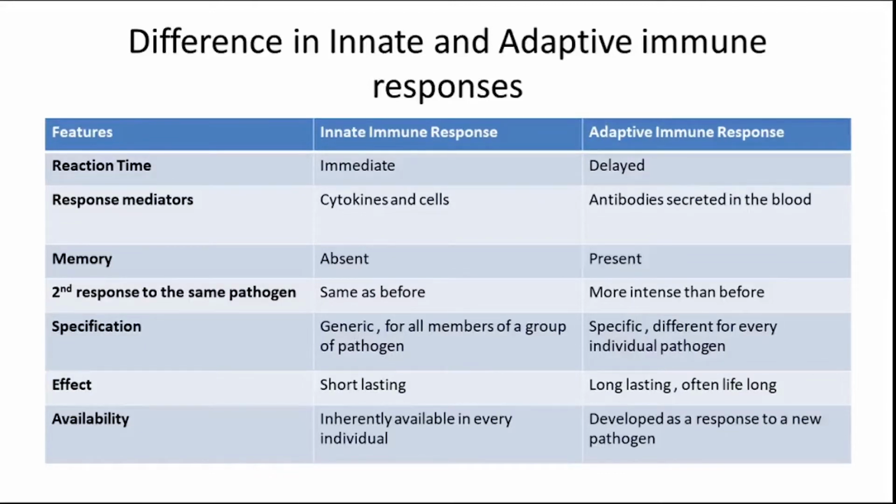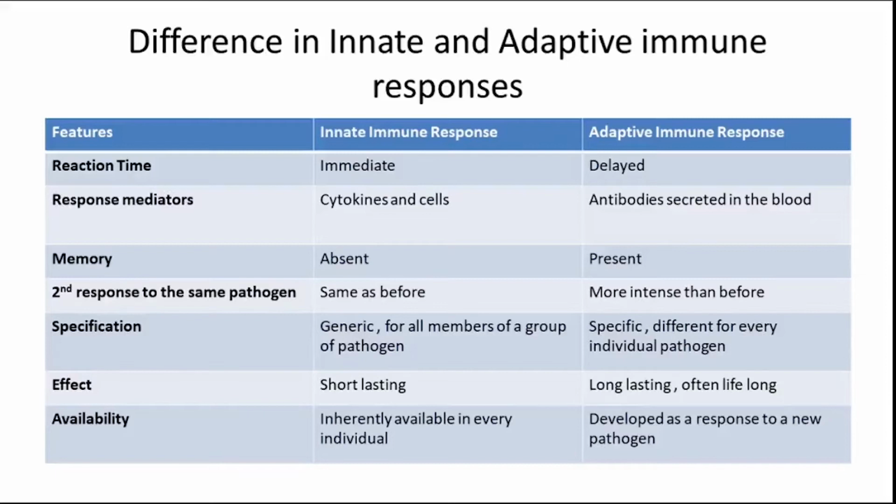And this innate immunity is available inherently in every individual. The moment you are born, you are born with the capability to protect yourself against certain kinds of primitive pathogens.